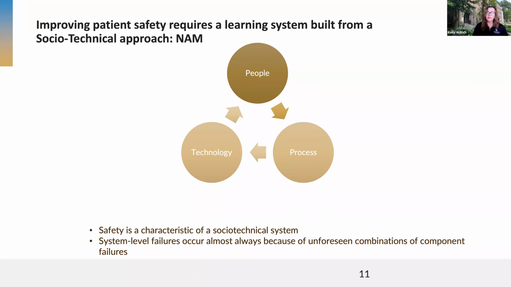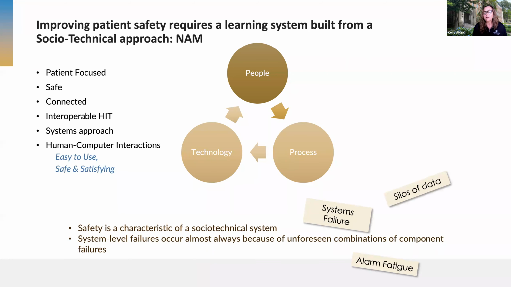This is all very dynamic and should be lessons learned, move forward, adapt, grow, move forward, incorporating all of these elements. Safety is a characteristic of a socio-technical system. System failures mostly occur because of unforeseen combinations of component failures, meaning we just looked at one section of this and not all. So clearly you understand this, that's systems failure.